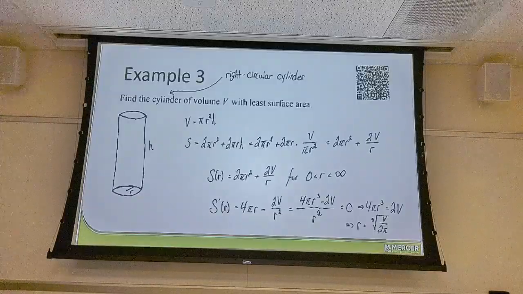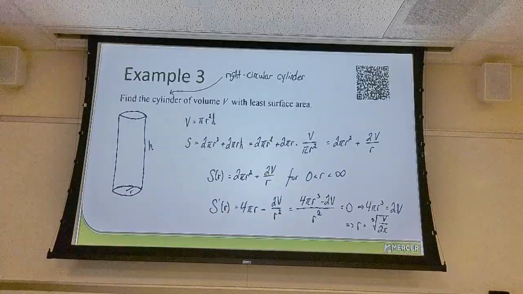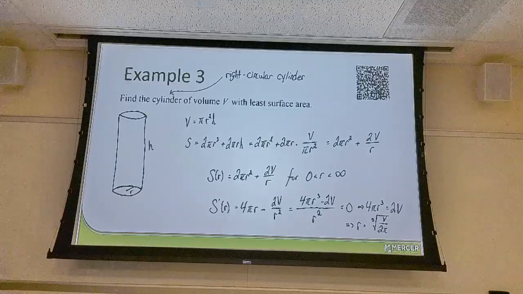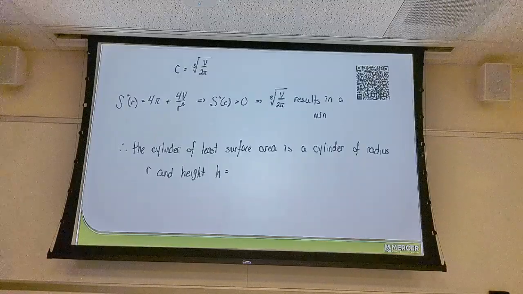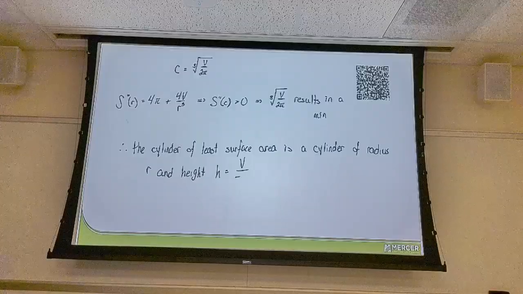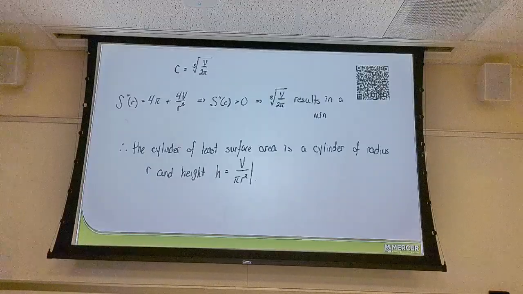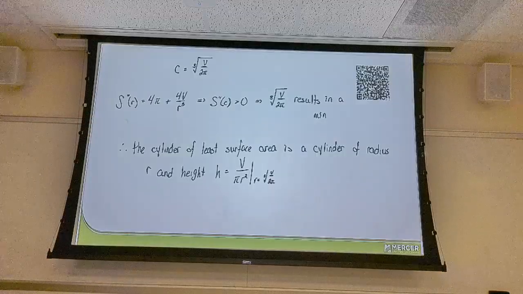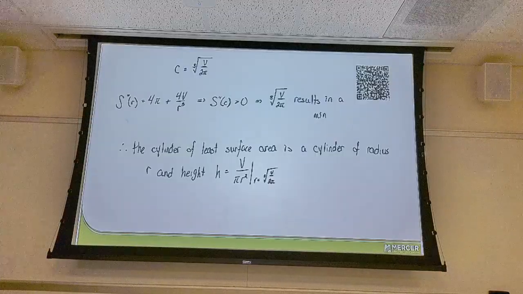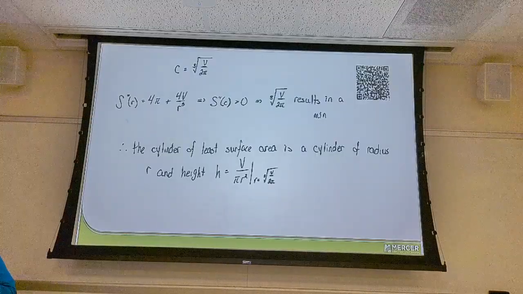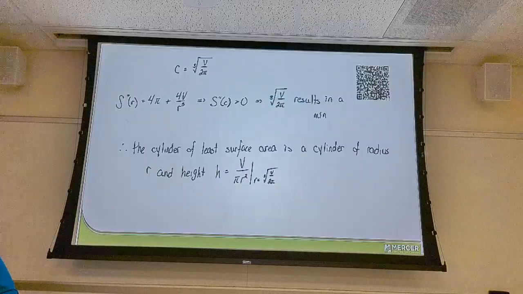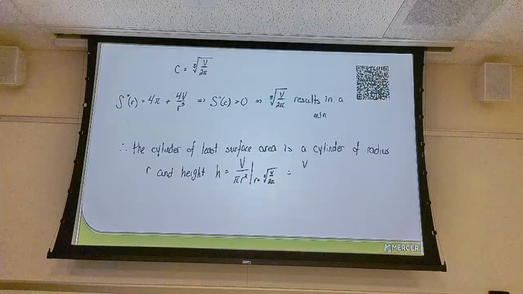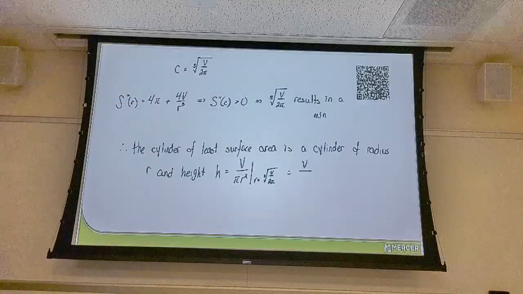What was height given by? V over pi r squared. You get what?